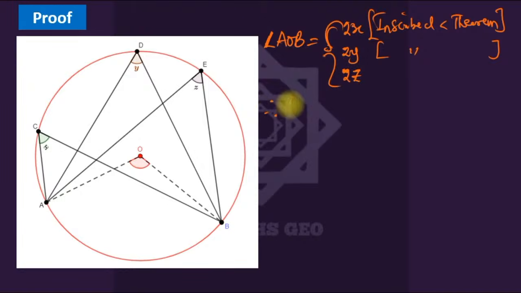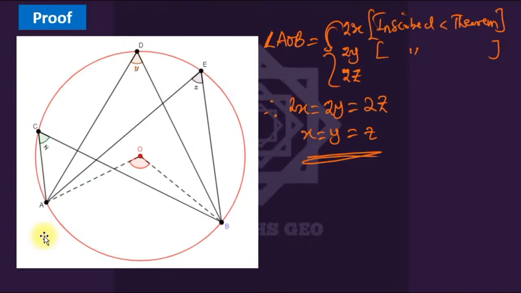So what do you have to say? 2x is the same as 2y and is also the same as 2z. Therefore x must be equal to y and it must be equal to z.